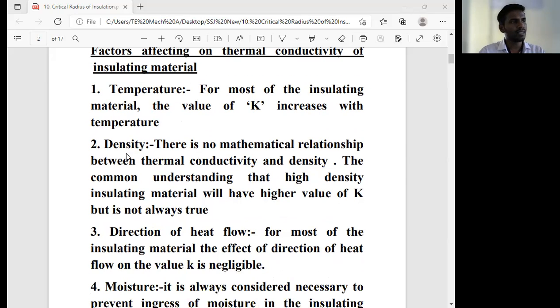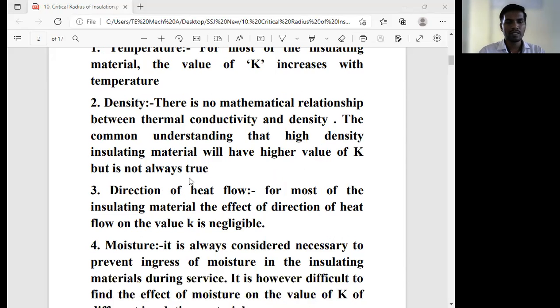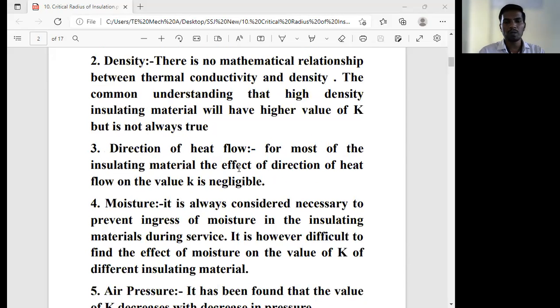Then density. For density, there is no mathematical relationship between thermal conductivity and density. So we can't say anything about density using any relation. Then direction of heat flow. For most insulating materials, the effect of direction of heat flow on the value of K is negligible.